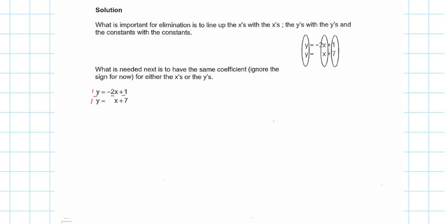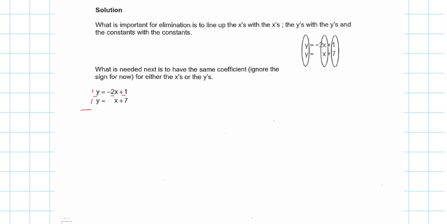Now, the important part here is to make sure that your terms match. So the y is under the y, the x is under the x, and the number is under the number. Even if they're not in the equation, you have to make sure that they match. So here's what happens when I subtract.